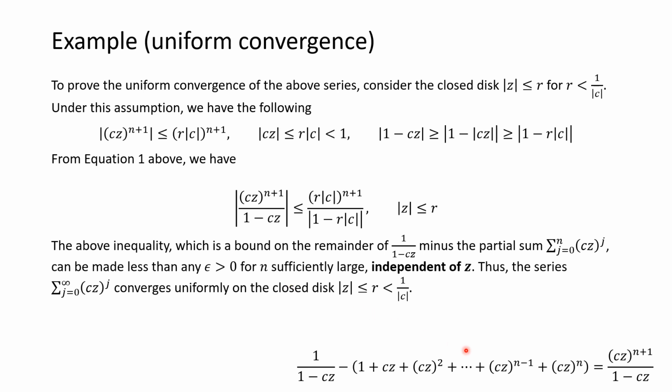And that's what we wanted to prove, that we have uniform convergence of this function to this series here as n goes to infinity, independent of z, which is the meaning of the term uniform convergence.